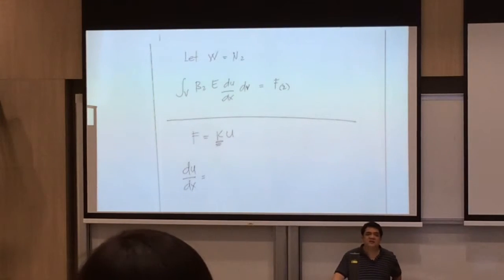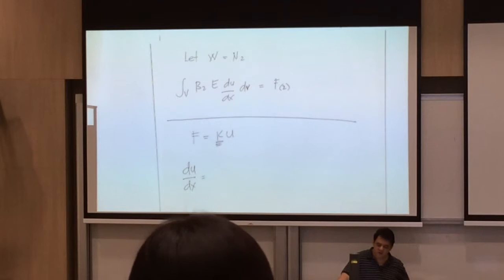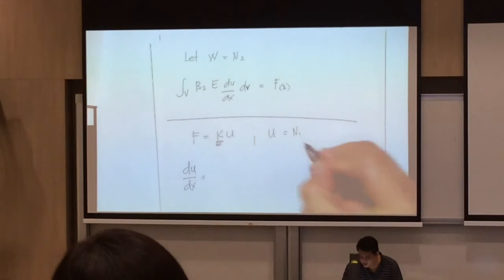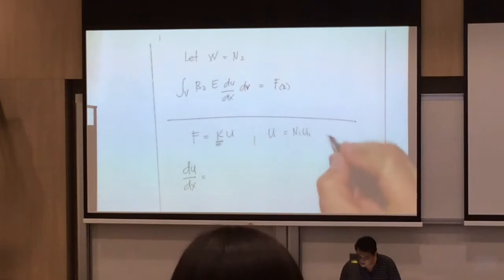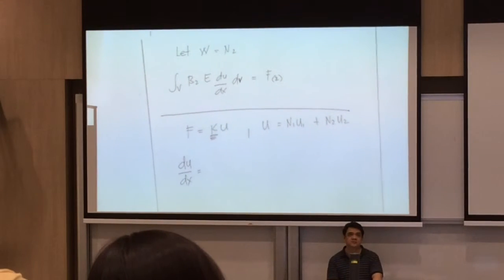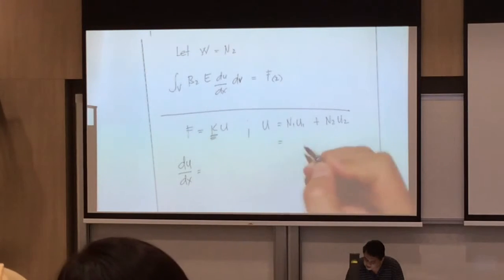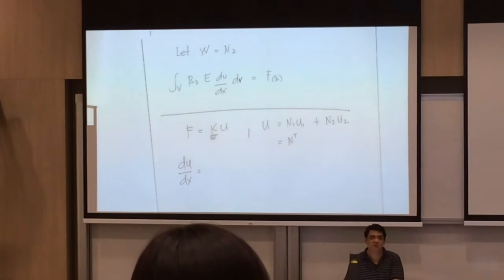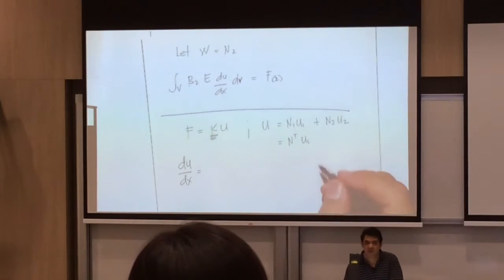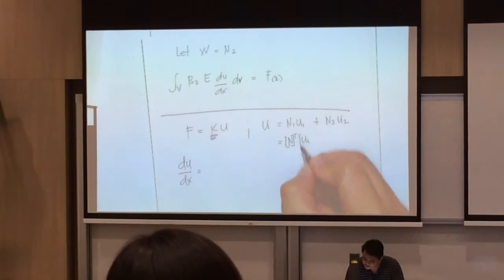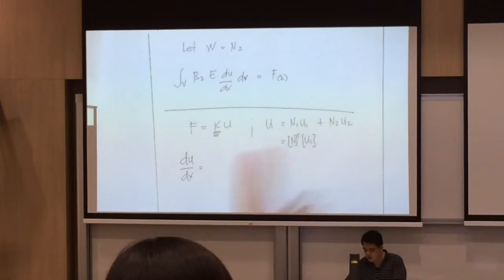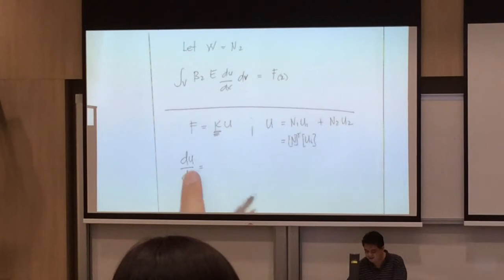What is du dx? So earlier we were able to establish that U is equal to N1 U1 plus N2 U2. And then that this one is equal to N transpose multiplied by that UI. Just going to put here matrix. So earlier we were able to establish this one already. So we're going to put this value here.